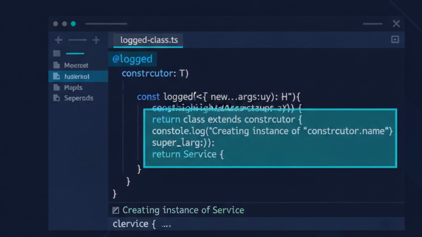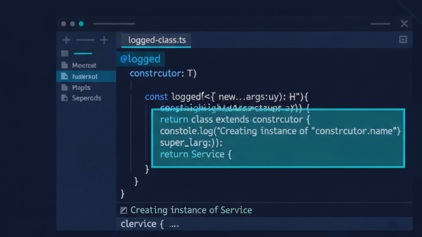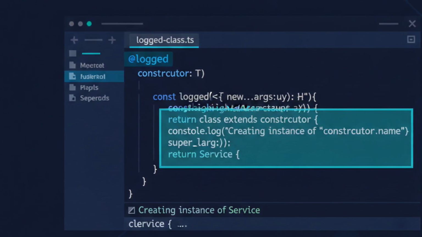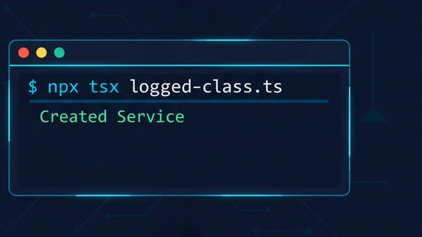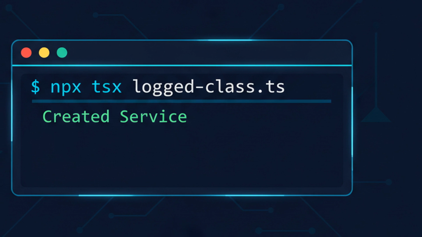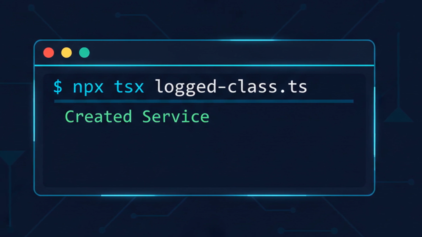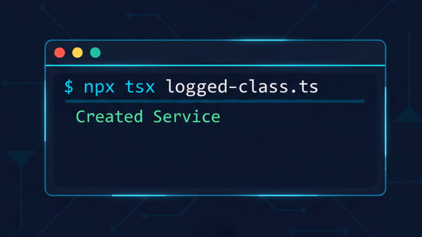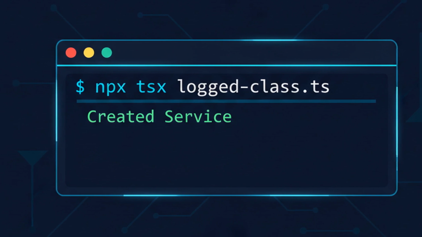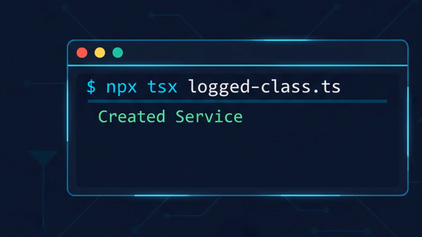This is how libraries inject behavior without you touching the original source. Run that file and you see the decorator fire exactly once per instance creation, because our subclass constructor runs every time. The original logic still works. We only wrapped it. This wrap, don't rewrite pattern is the whole philosophy behind decorators.